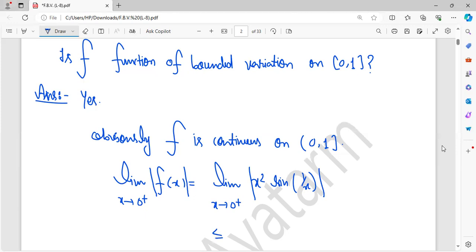So it is less than or equal to the limit as x tends to 0 plus, because the sine function is bounded, since the mod of sine 1 upon x is less than or equal to 1. So it will be x square. The x square function is positive, so no need to write absolute here.